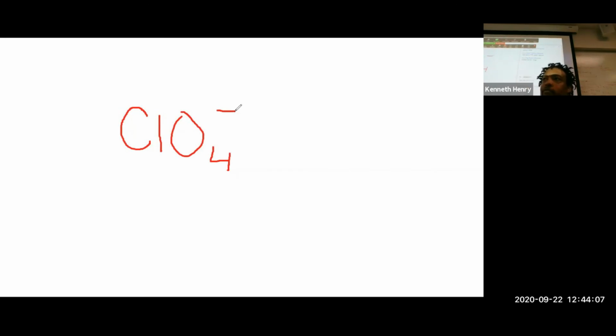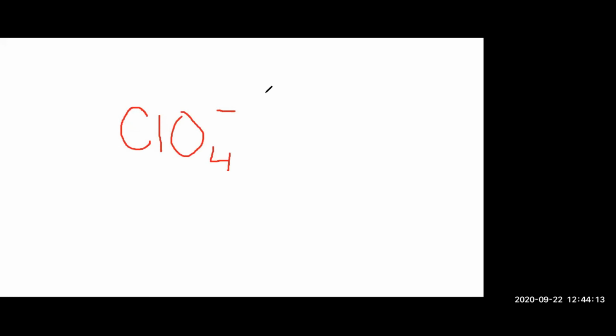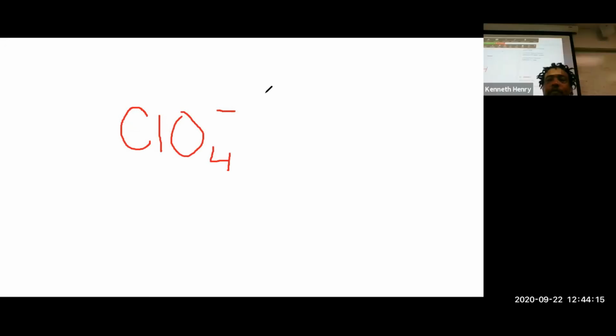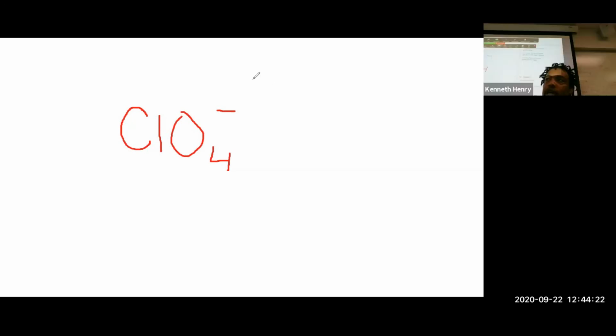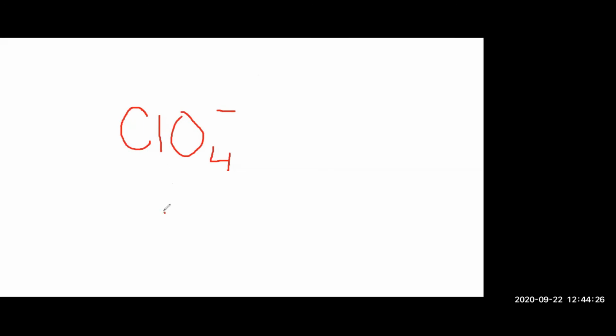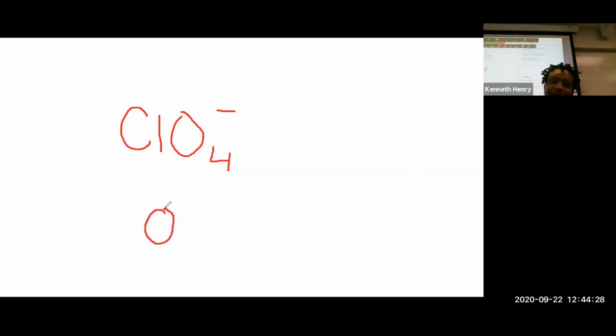I like it. So who's going to be in the middle? Who's closest to being? Oxygen. So oxygen is actually going to be in the middle. There's 4 of them, and only one of them gets to be in the middle.